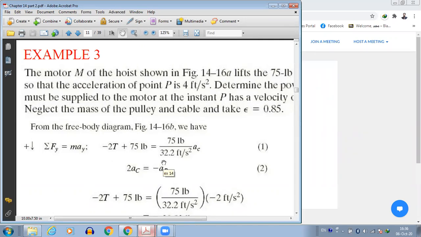Was there a G in the formula here? I don't see a G here. Summation F is equal to MA, not the weight. We have the weight, so we divide by the acceleration. Okay, good. I just wanted to see if the students are awake or not.